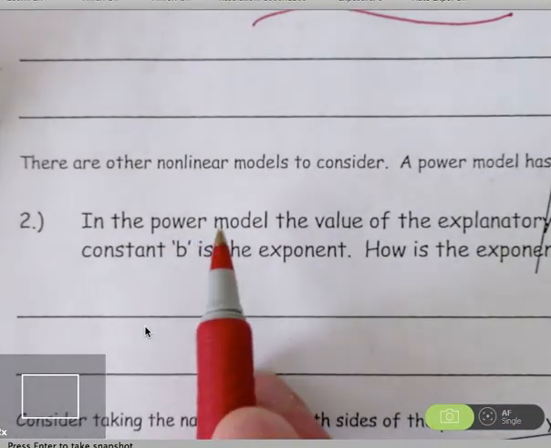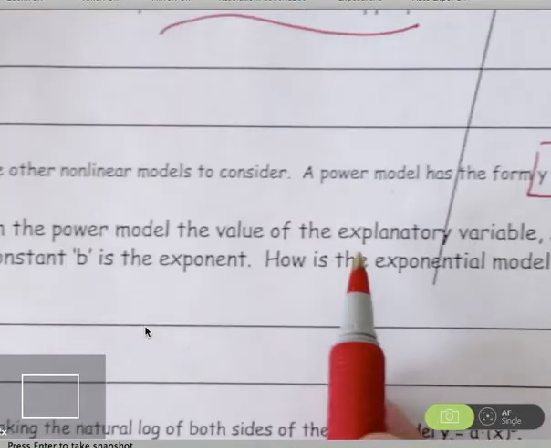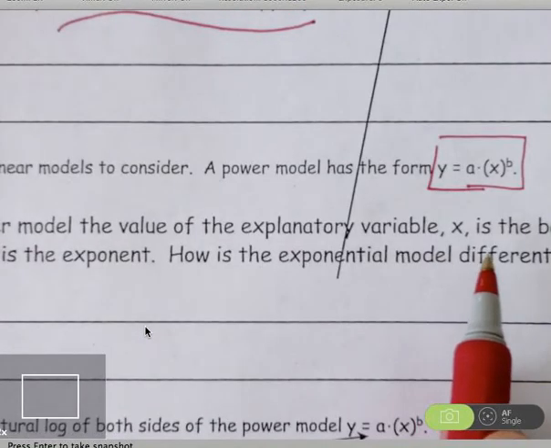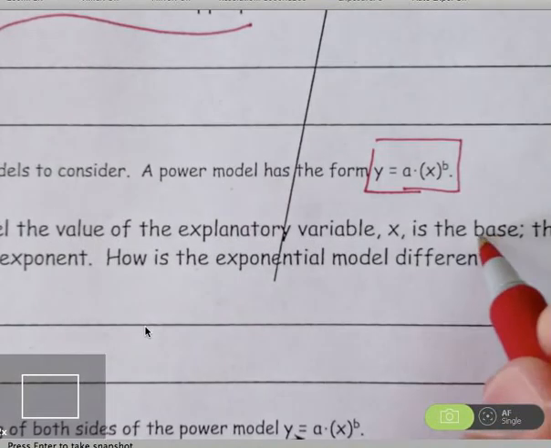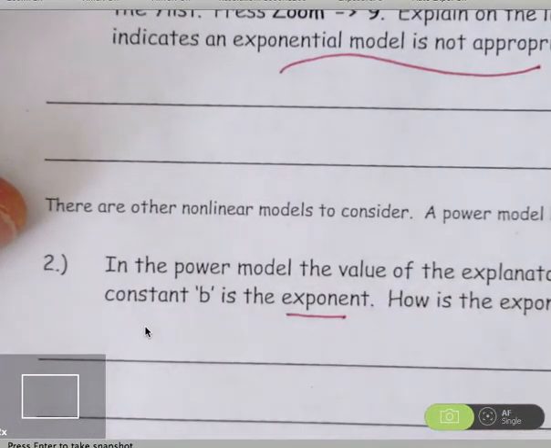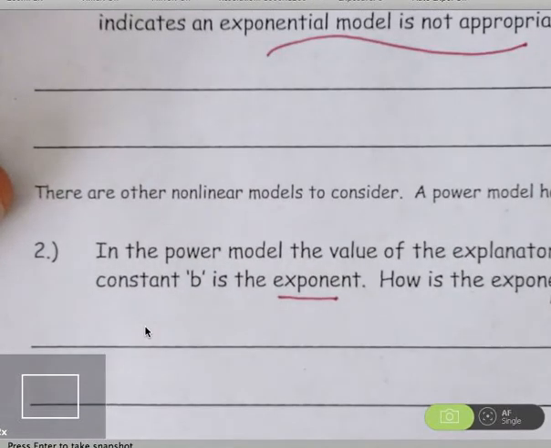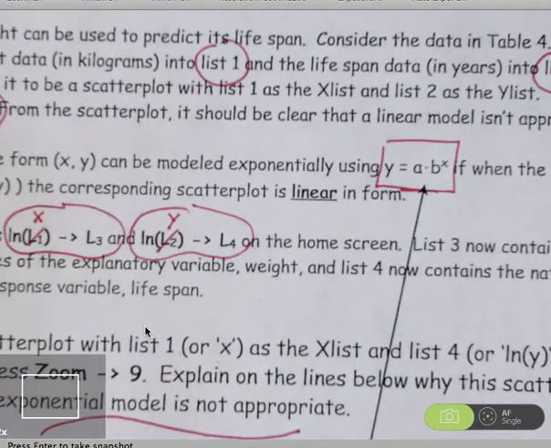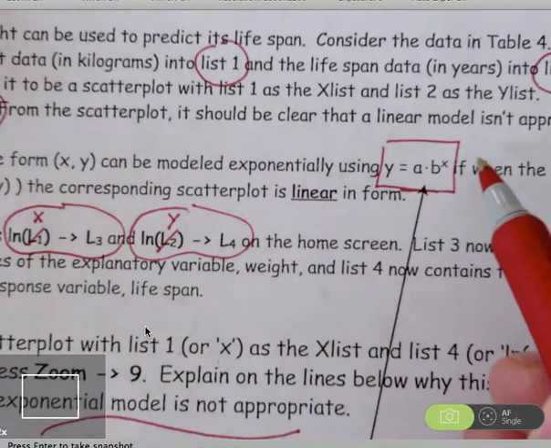It says in the power model, the value of the explanatory variable, x, is the base. The constant b is the exponent. How is the exponential model different? Essentially the roles of x and b have been reversed, because in the exponential model, notice the positions of x and b are backwards.